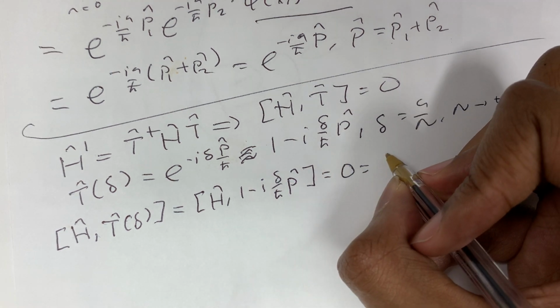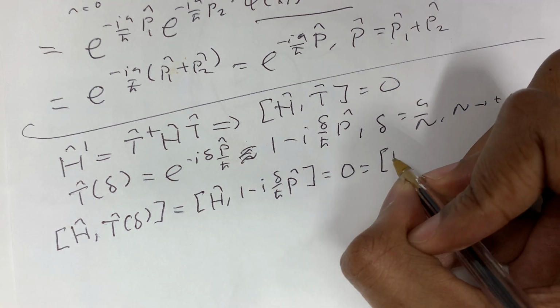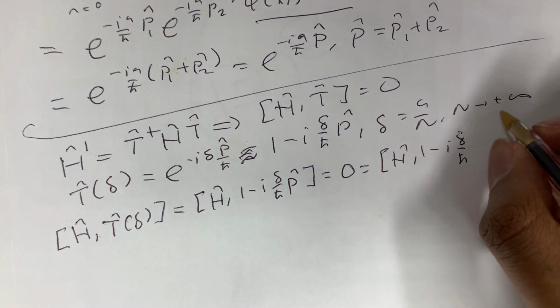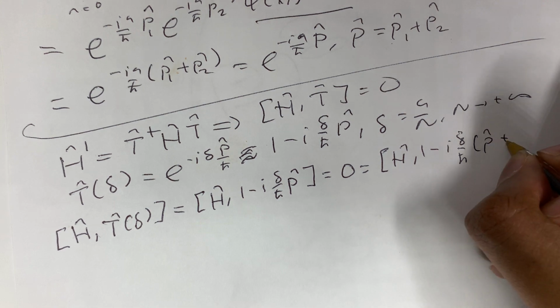That's equal to h bar 1 minus, this is where the genius comes in, p hat plus p hat.